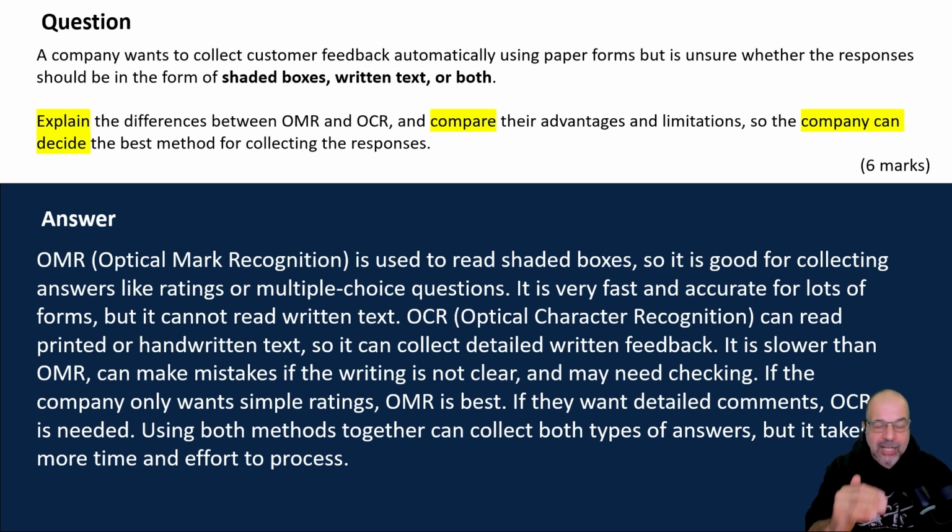Then have your text-based answers as well, which will be with OCR. These could be, do you have any other comments that you want to share with us? Now, if somebody writes clearly and the OCR is able to read it and you get that extra data, fine. If somebody's handwriting is bad and it can't read the data, well, at least you've got some data from other people instead of no data.